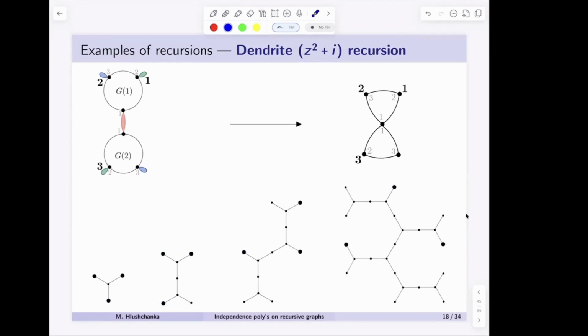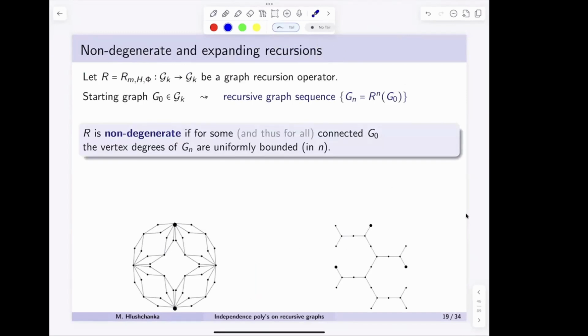Now I have to introduce some special restrictions on the models that we consider. We say that the recursive scheme, or recursion R, is not degenerate if, when started with a connected graph G naught, all the vertex degrees of the graphs stay uniformly bounded. In particular, if I look at this z squared plus i case, the only possible vertex degrees are just 1, 2, and 3, so they stay uniformly bounded. So the corresponding recursion is not degenerate.